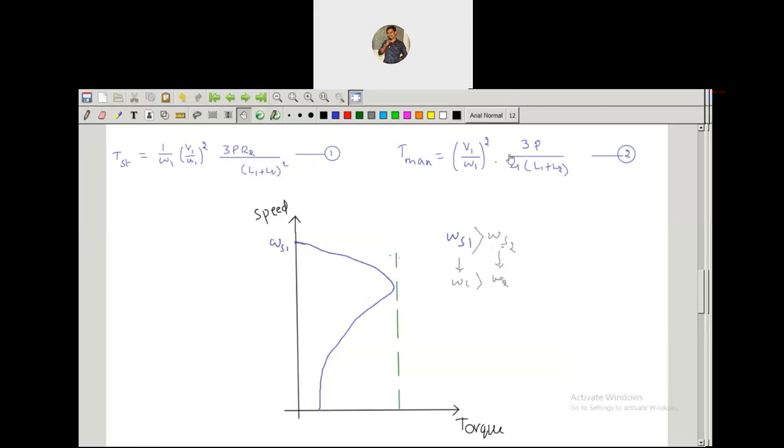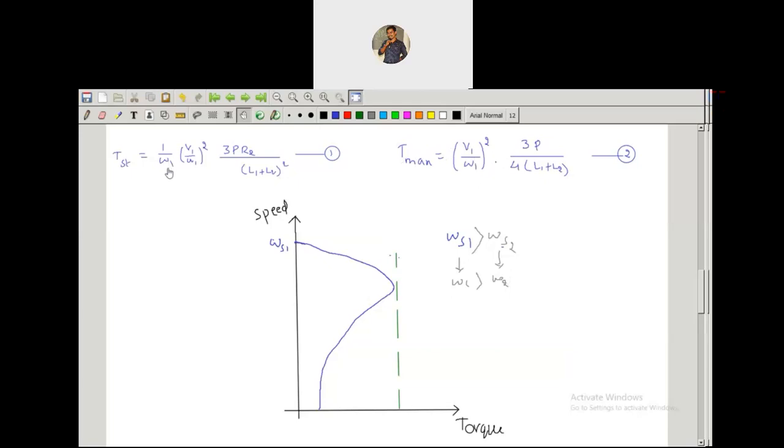You can observe here: if I reduce the frequency, I will keep the ratio of V by frequency constant, but I reduce the frequency. Now the maximum torque is going to be constant only, as the ratio is constant.